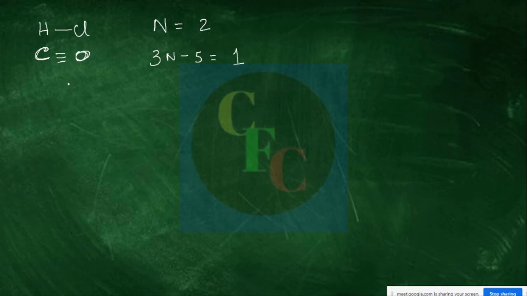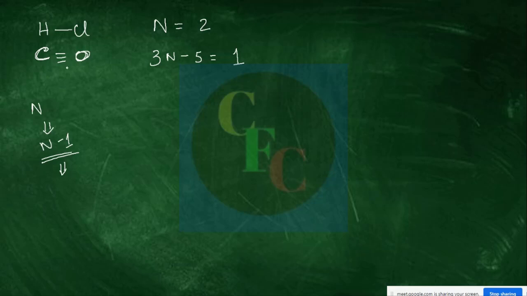For any molecule which has n atoms, if it is acyclic, not cyclic, it will give you n minus 1 bonds, and similarly you get the vibrations for those.